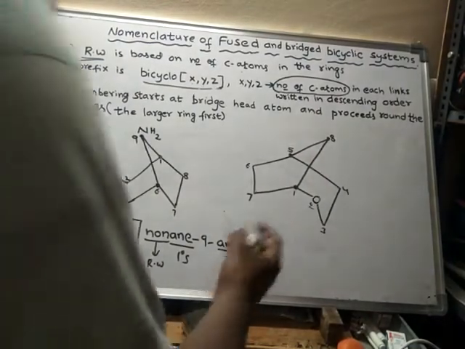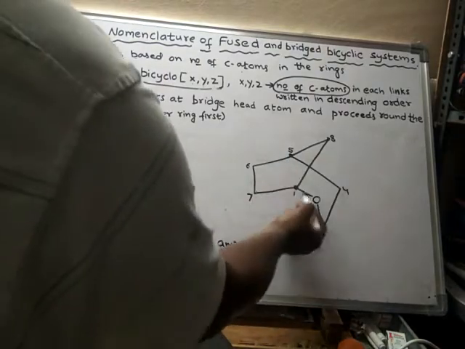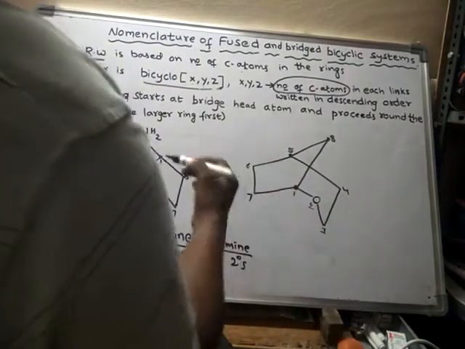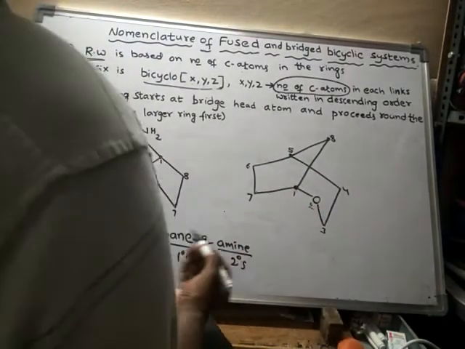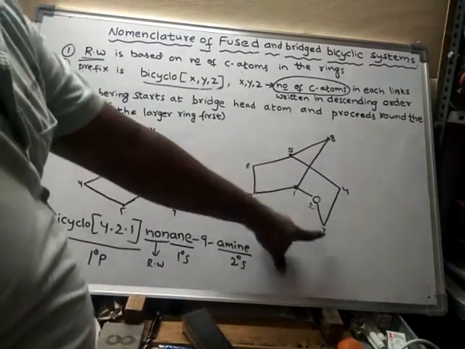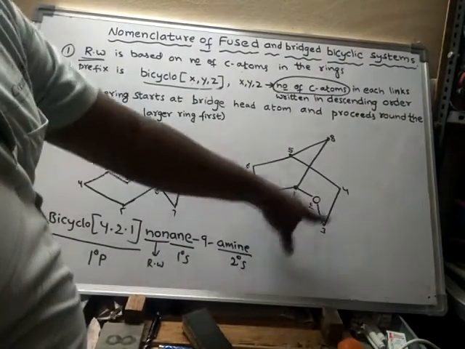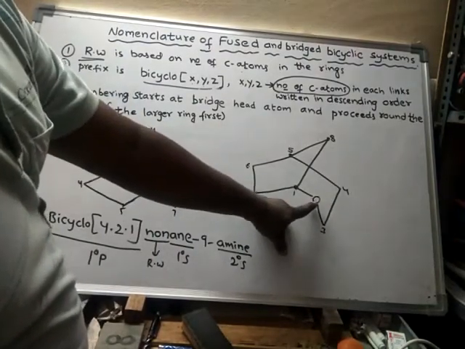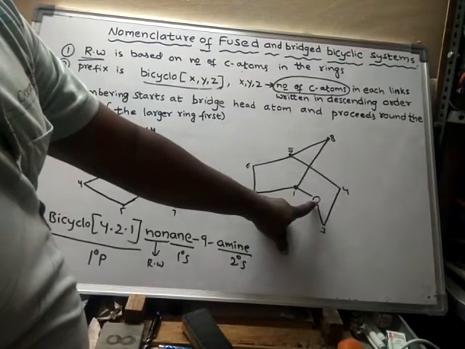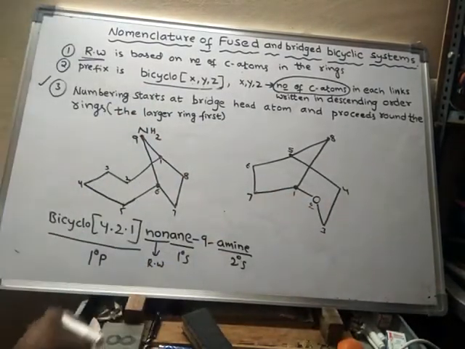Then we have to write the name of this compound. Altogether there are 8 positions. Though this oxygen replaces a carbon and is not carbon, we still have to count it, treat it as carbon, give it a number, and finally mention oxa.